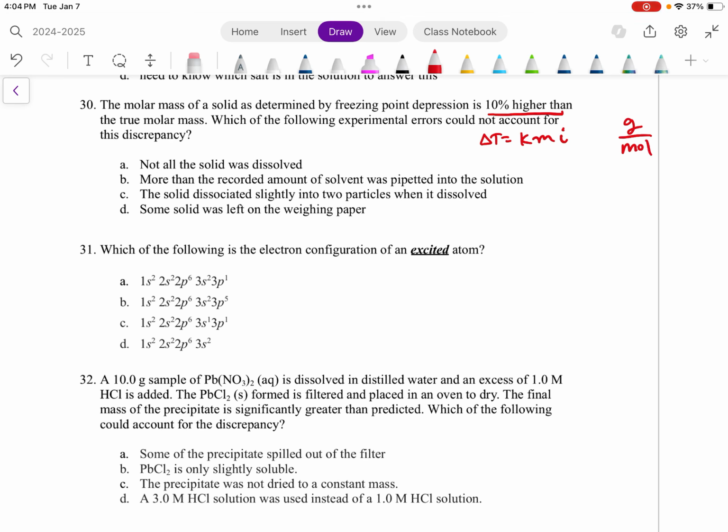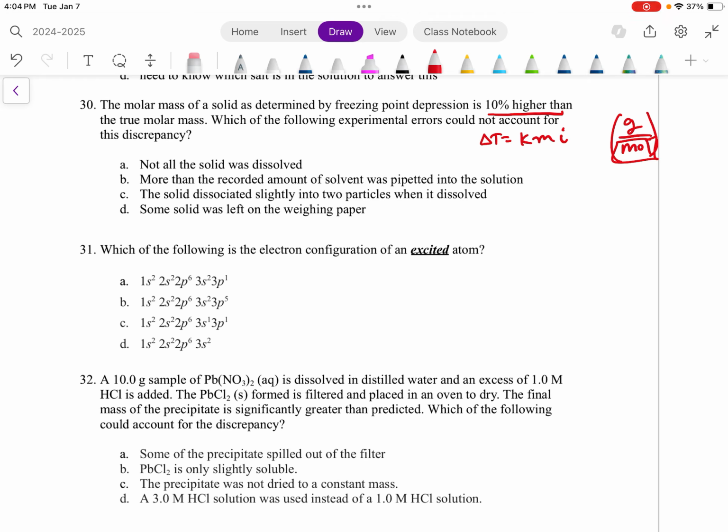So to get it to be higher than the true molar mass, you need fewer moles, right? Here, moles would have to be smaller to make this fraction bigger, right? So smaller moles would indicate 10% higher. So what this question is asking you, which one would do the opposite of that?